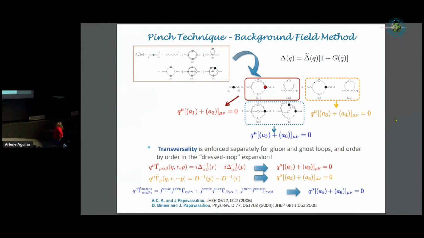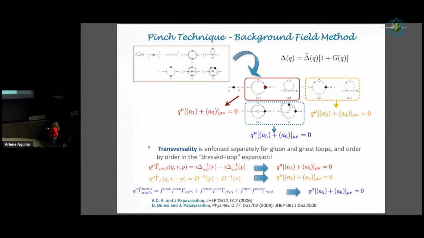And this one can be external or in the loops. So basically, this formalism allows me to rewrite this Schwinger-Dyson equation as a new series in terms of the new Green's functions in the background that have nice properties. What are the properties that this new series displays? It is the following.